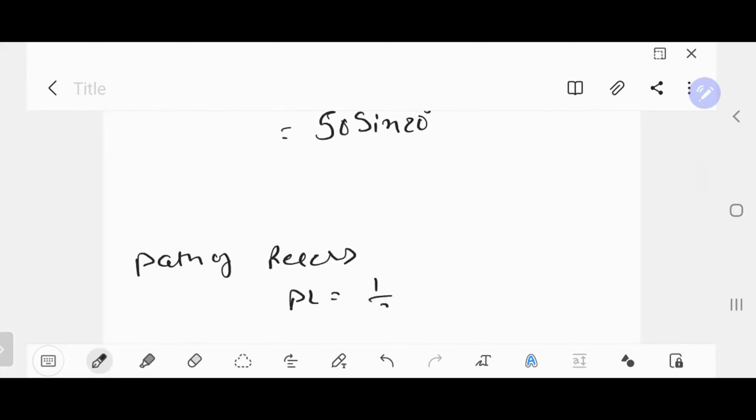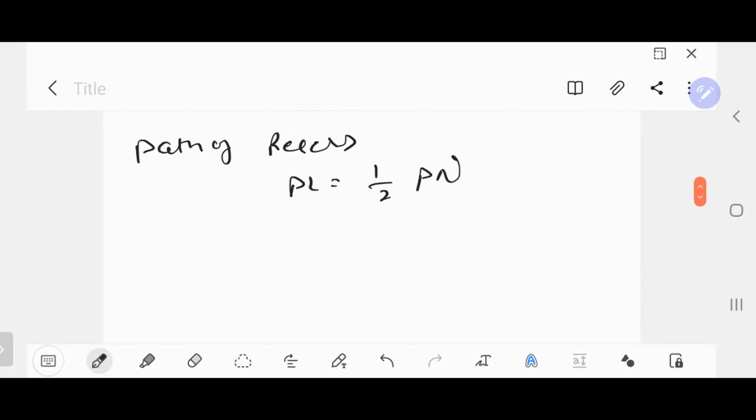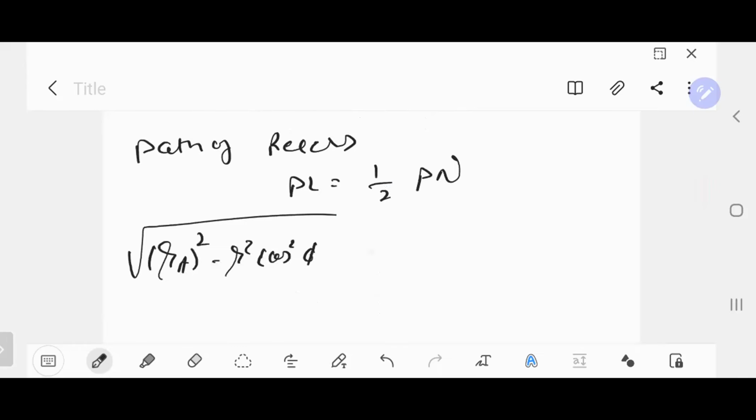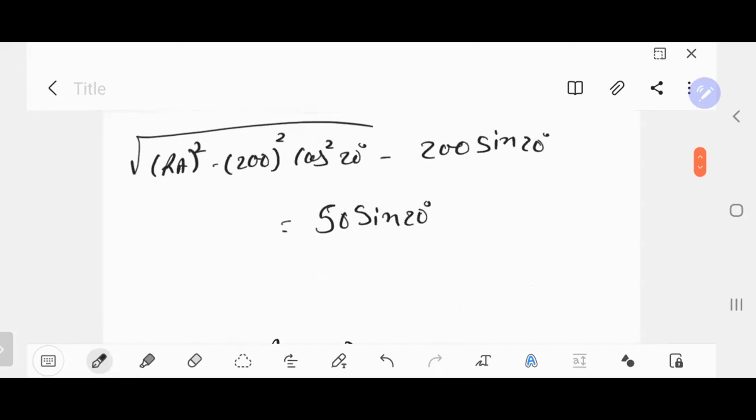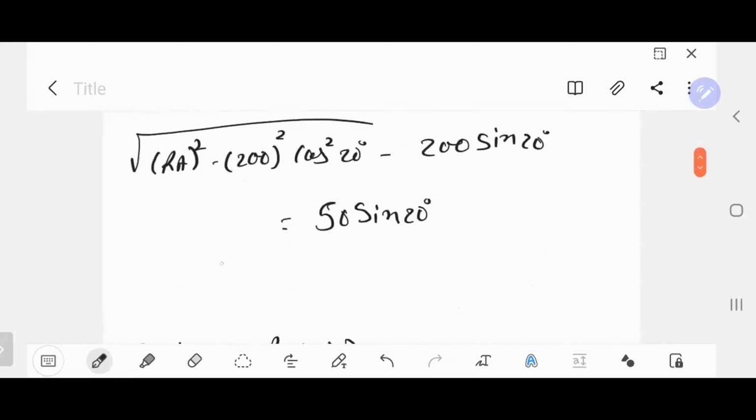PL is equal to 1 by 2 PN, and that equation is: under root of r square minus r square cos square phi, minus R sine phi, that is equal to capital R sine phi divided by 2. So first solve this one and give the answer. What is the RA? RA, that is the radius of addendum. Yes, start the calculation. Online students also.